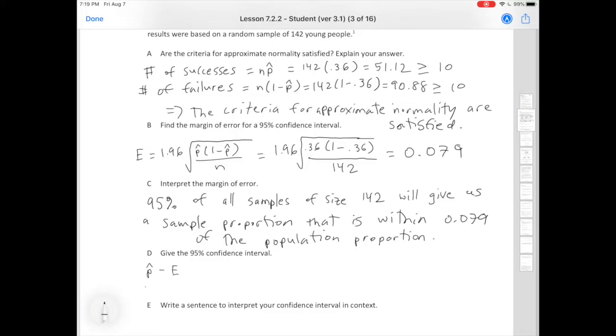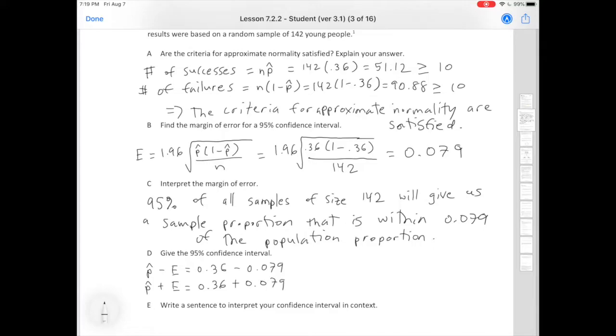Remember, we have to do p hat minus e, and then we have to do p hat plus e. So what is p hat minus e? P hat was given, remember, that was 0.36. So this is going to be 0.36 minus 0.079.